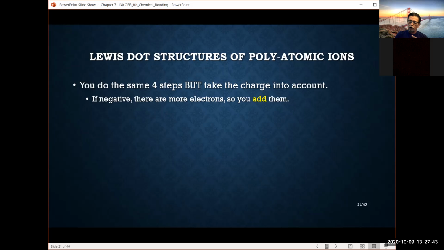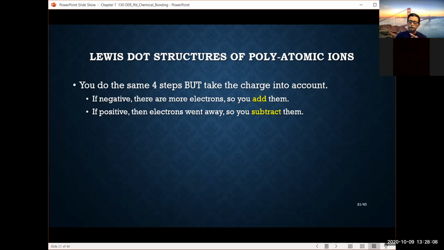Whatever charge it is, we add that number. So if it's a -1 charge, we add 1; -2, add 2, etc. If it's a polyatomic cation, this is only for the polyatomic ions now, not for the neutral compounds that we just did earlier, we're going to subtract an electron.